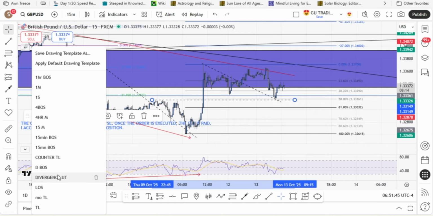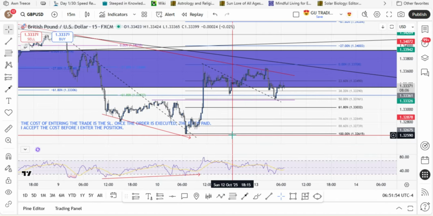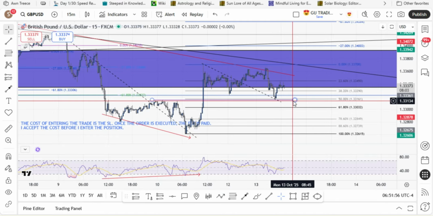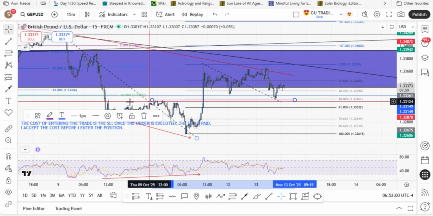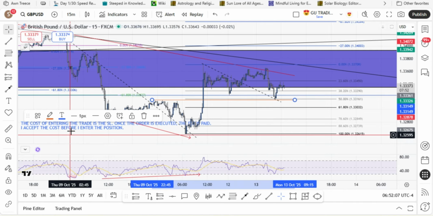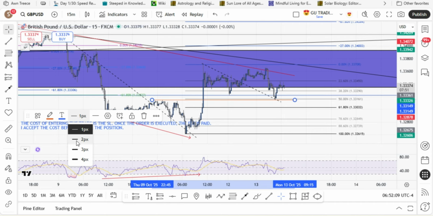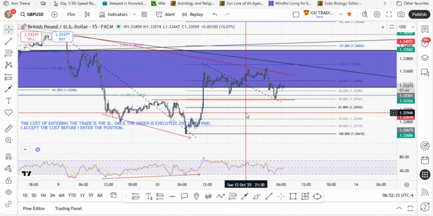I need to have a new test, break and retest trend line. And I can hardly see that. What would it look like? Yeah, that's fine.